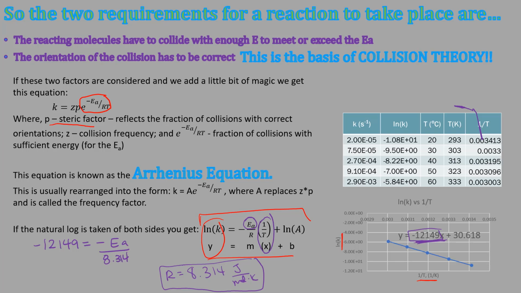And I'm going to multiply both sides by negative 8.314 to isolate the energy of activation. And I end up getting 101,007 joules per mole. In kilojoules it would be 101 kilojoules because we just divide by 1,000.